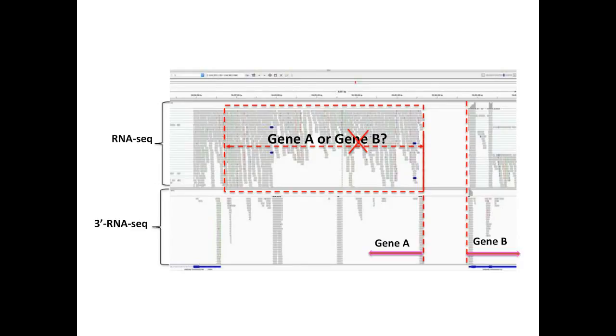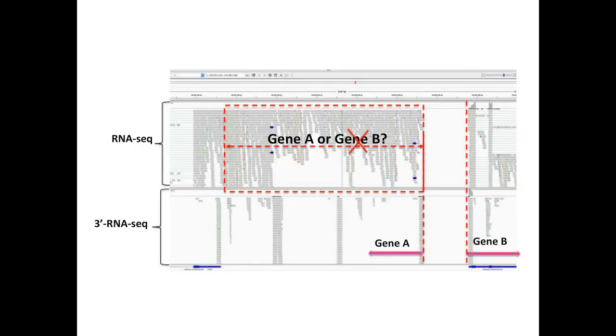Obviously gene B has the correct model, because the reads are mapping to the point where this transcript ends. So we can be confident that gene B has the correct model, but the gene model for gene A is not correct.